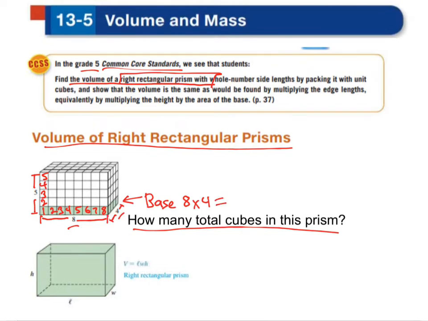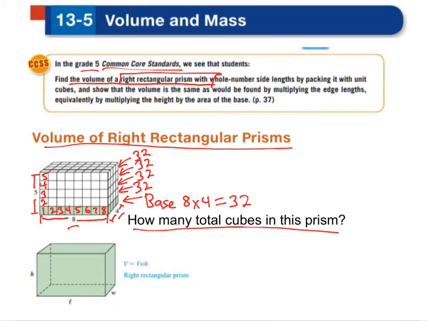It's 8 by 4, 32 cubes on the base. And then there's 32 cubes on the second level, 32 cubes on the third level, 32 cubes on the fourth level, and 32 cubes on the fifth level.